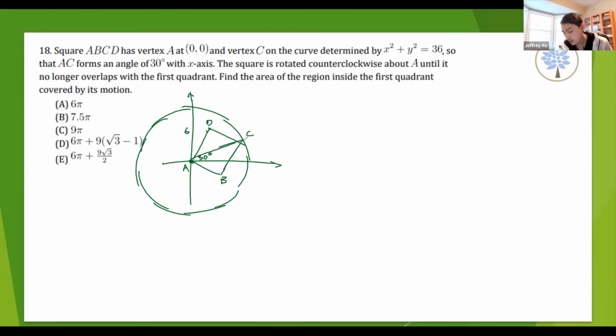So at the end of its motion, the square is going to just be over here with B prime, C prime, and D prime. And we want the area of the region inside the first quadrant that the square sweeps out. So that area is going to look something like this.